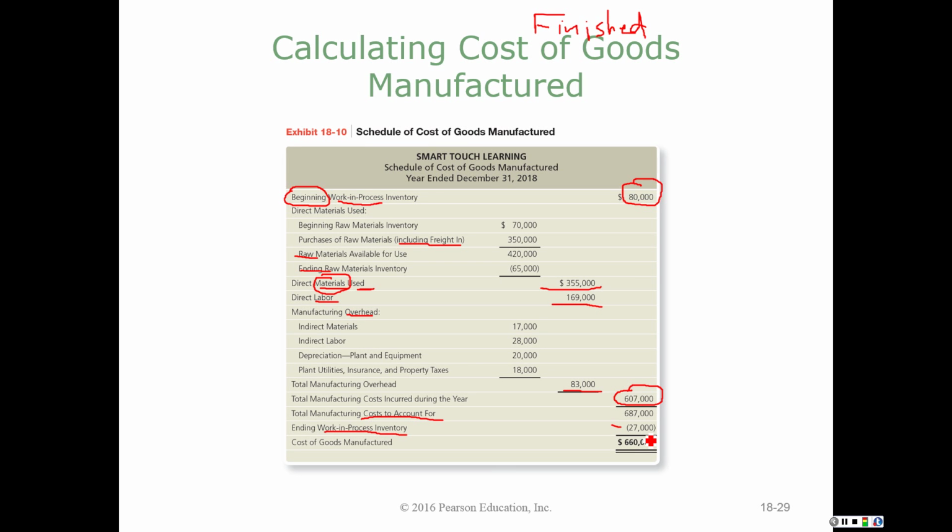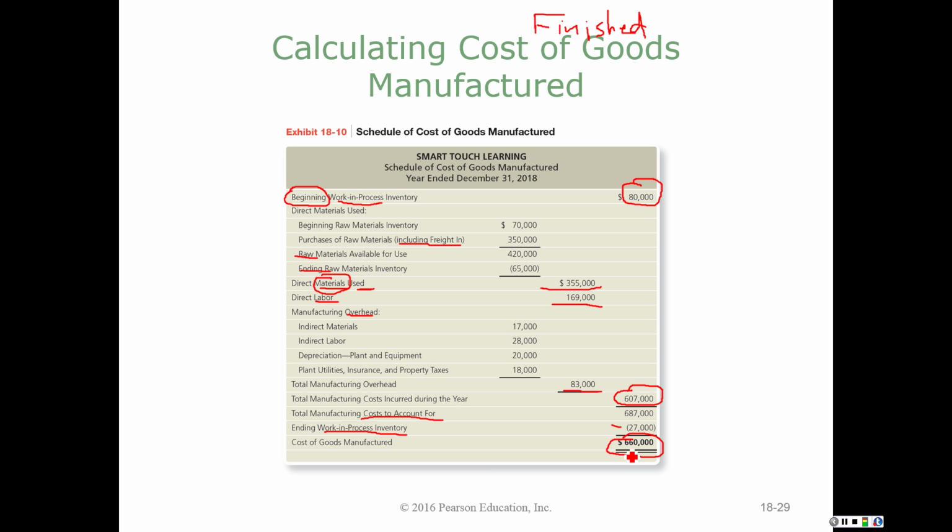So I cannot count that as the cost of finished goods manufactured. So the cost of what I have actually finished is only $660,000. If I know that I manufactured 20,000 units, then 660,000 total cost of finished goods divided by the number of units that I actually finished will give me my cost per unit.